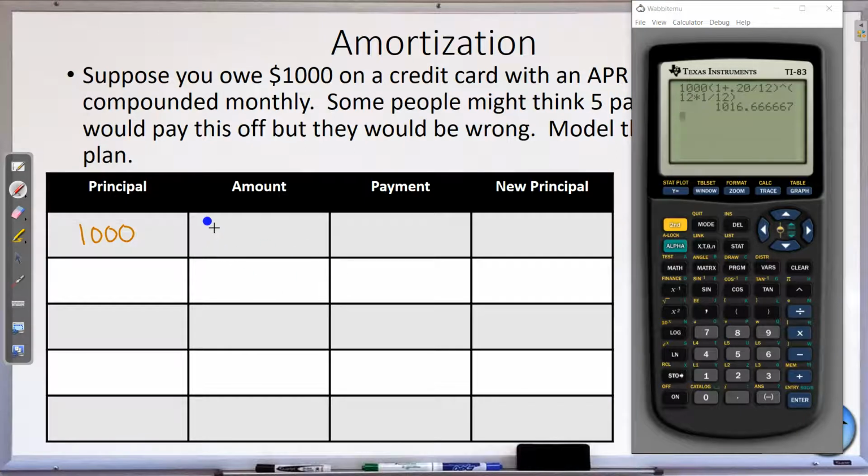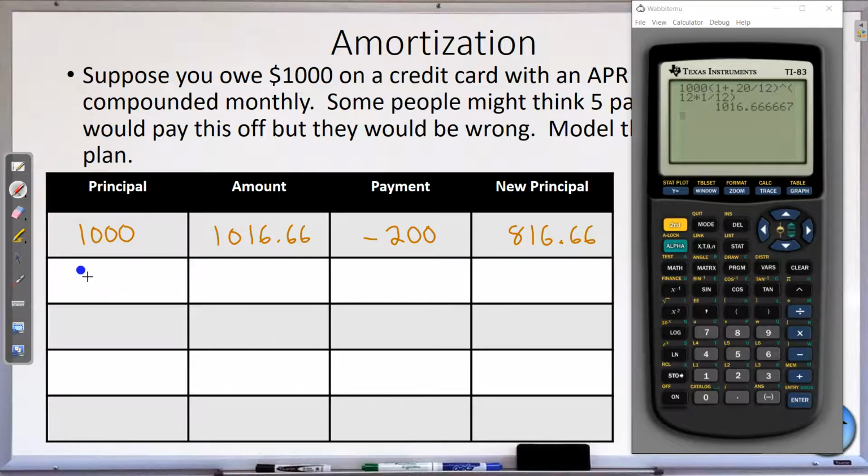So it's $1,016.66. All right, now we're ready to make a payment. Now that we have our bill, our payment is going to be $200. So we pay off $200, and so now we only owe $816.66.